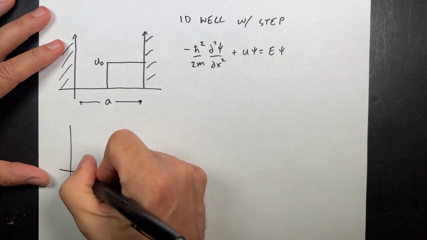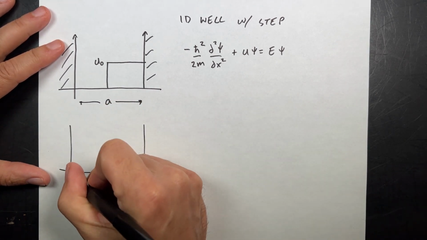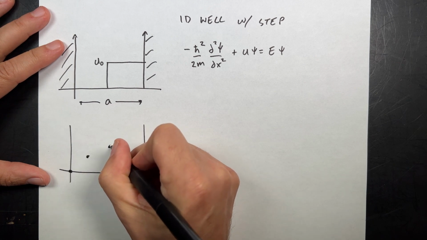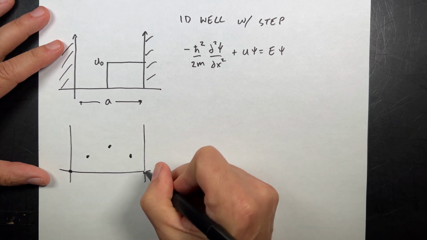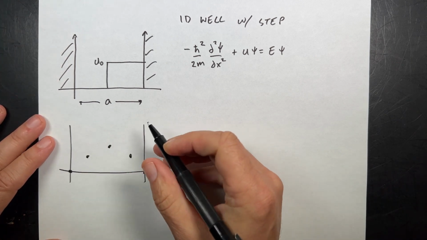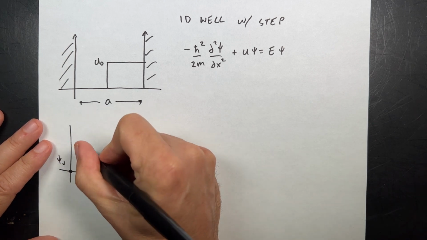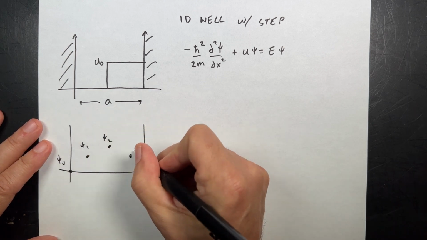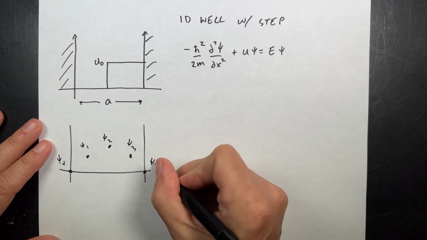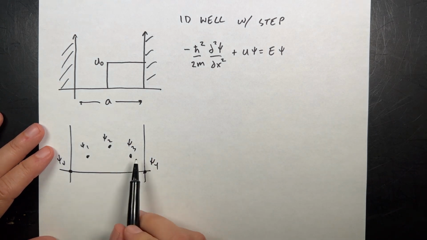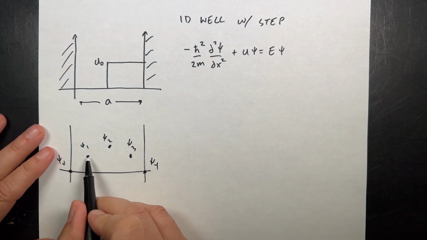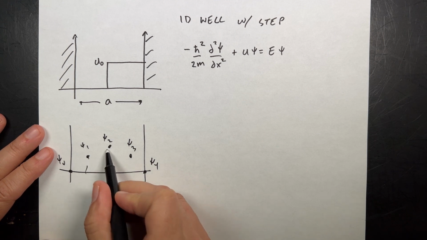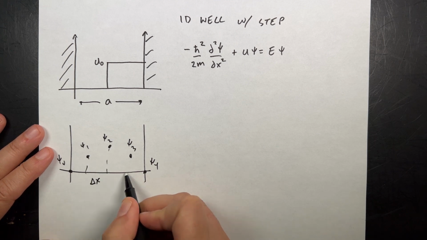Imagine that I take 1, 2, 3, 4. I break this into 5 values of psi: psi 0, psi 1, psi 2, psi 3, psi 4. And I define these as spread out by delta x. They're all delta x.